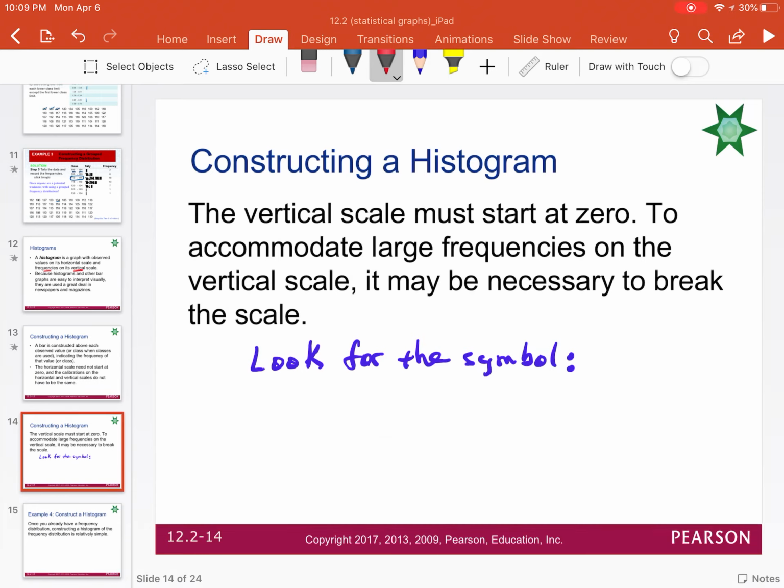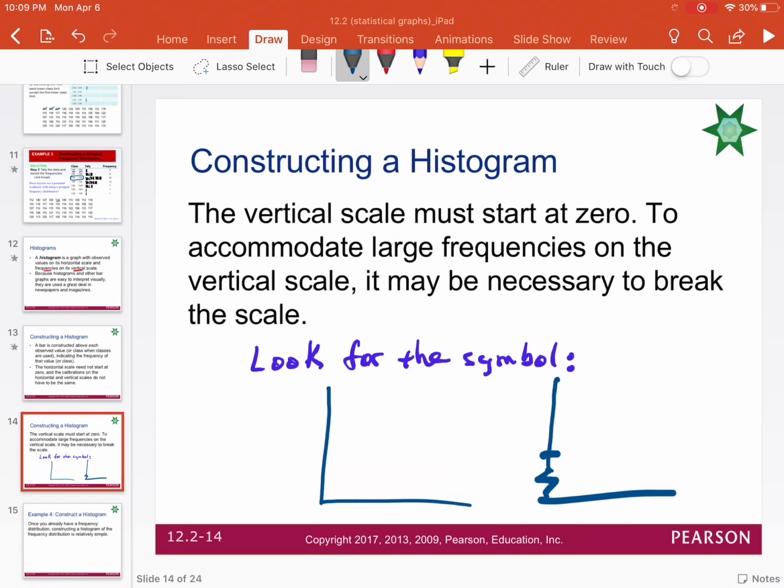The vertical scale must start at 0. Okay? Now, if your data, for example, maybe you're doing weights of college football players, and they're probably going to start in the 170s, 180s. So you're going to kind of crunch the y-axis down. And instead of it looking like this, you'll see it look like this.